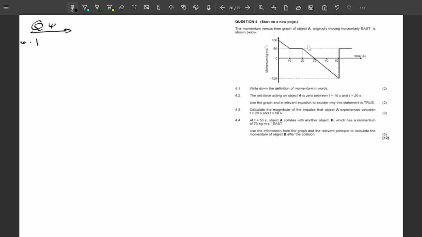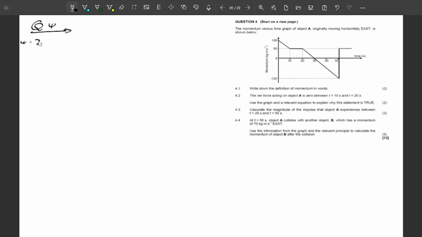So the definition of momentum is what? It is the product of the mass and velocity of an object. Like I always say, I do not write definitions, I will only say them or state them.